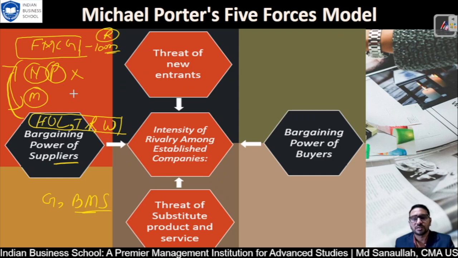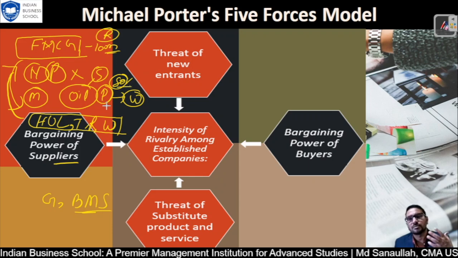For example, the oil industry, the OPEC company in the Middle East, all the Middle East countries have joined together and set the price, and this price the whole world has to accept, because if these 5 countries do not supply, 80% of the oil supply will be lost. So you cannot bargain with them.